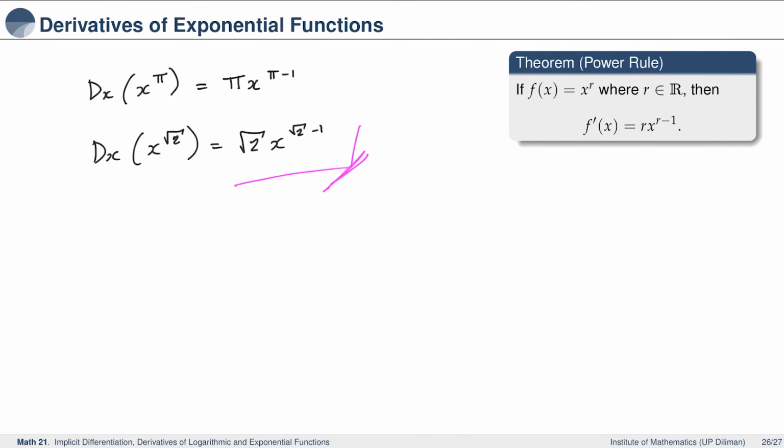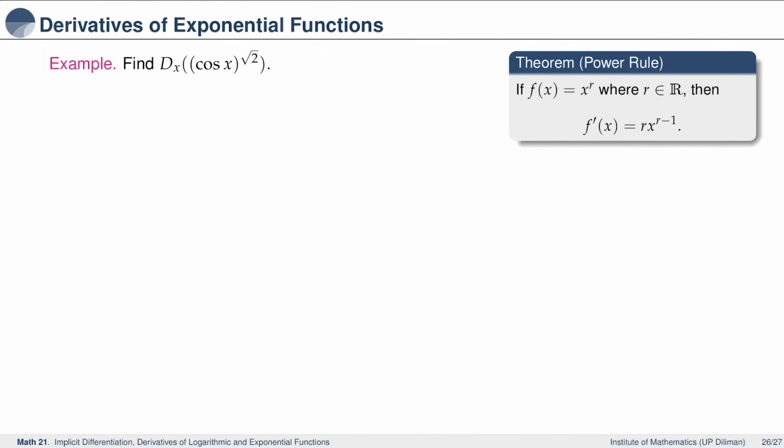Okay, let's take our last example here. Let's take the derivative of cosine x raised to square root of 2. Note that this is actually written as a composition of two functions. So using the chain rule, we evaluate first the outermost function using the power rule here.